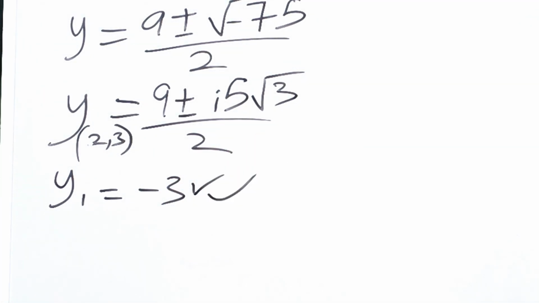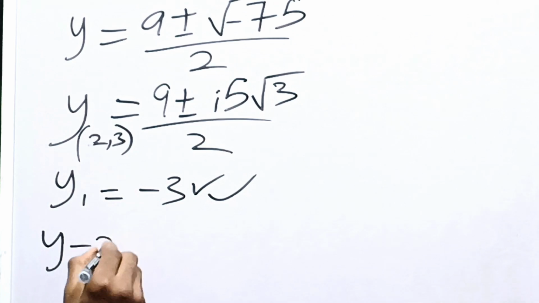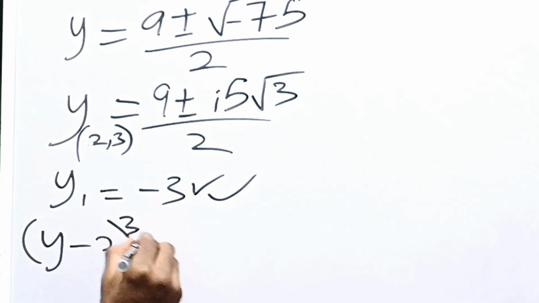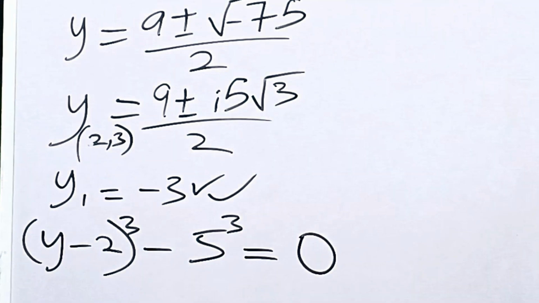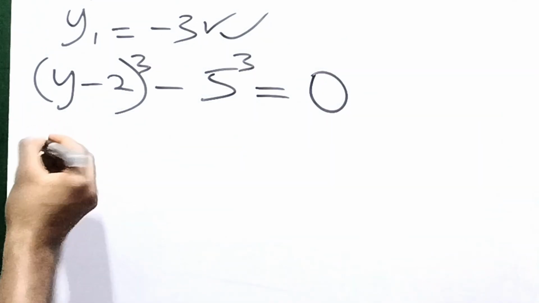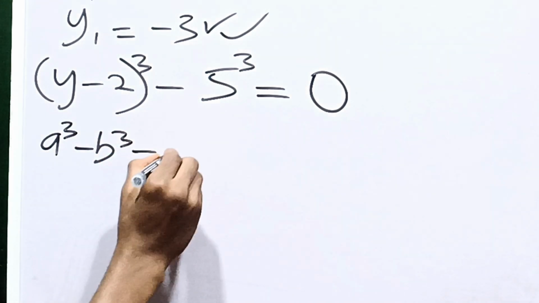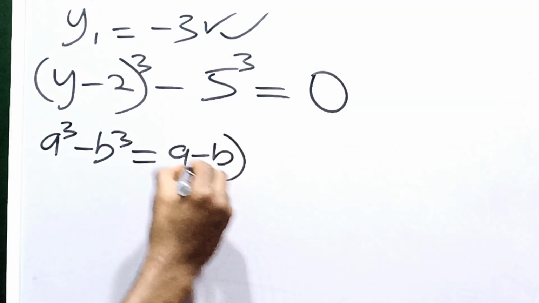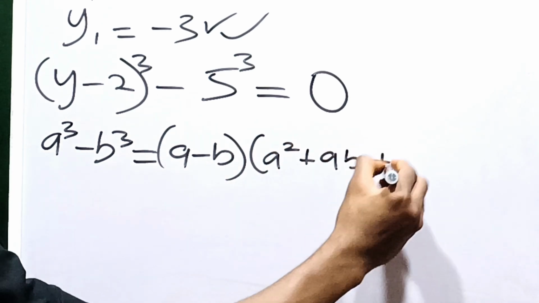Now let's go for our second case scenario. For the second case, we have y minus 2 raised to the power of 3 minus 5 raised to the power of 3 is equal to 0. Now this is again a difference of two cubes, so we use the law of difference of two cubes: a cubed minus b cubed is equal to a minus b times a squared plus ab plus b squared.